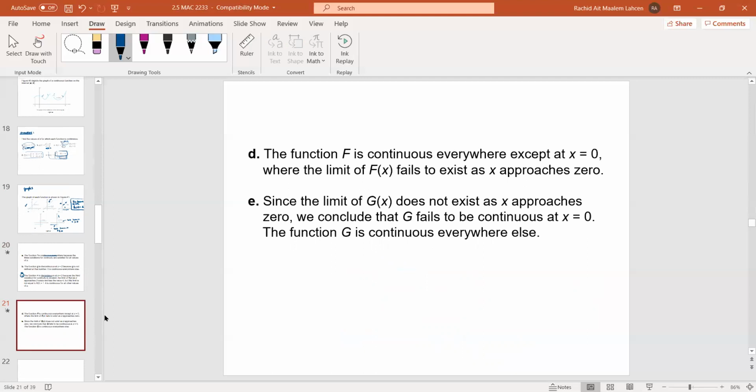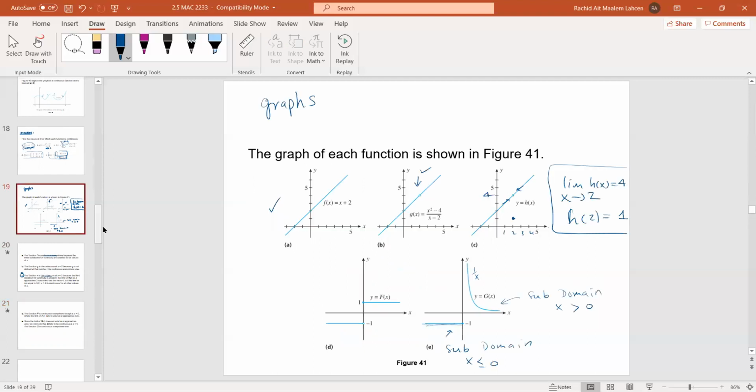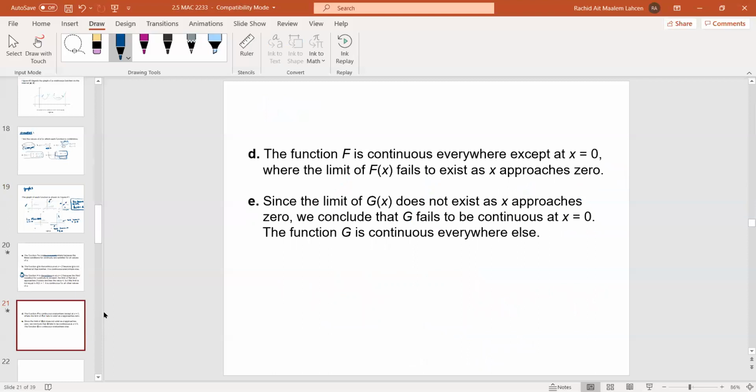The function f is continuous everywhere except at x equals 0. The limit fails to exist, of course, and this breaks continuity. Here the limit does not exist, because we know that already, since from the left and right it's not the same, right? And here, since the limit does not exist as x approaches 0, we conclude that g fails to be continuous, similarly.